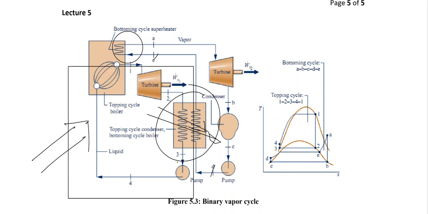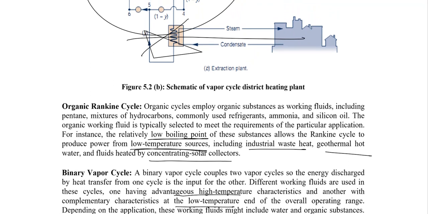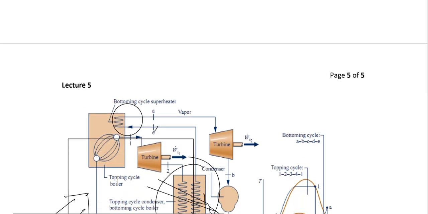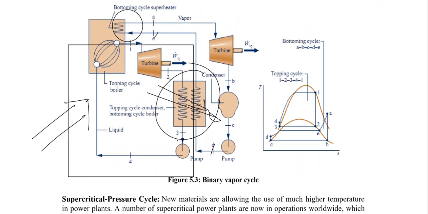Also, like in the previous example, we said we have the ORCs, the organic Rankine cycle, and that organic Rankine cycle can utilize low heat to produce power. So you can imagine if our bottoming cycle has an ORC in it, we can have more power output.